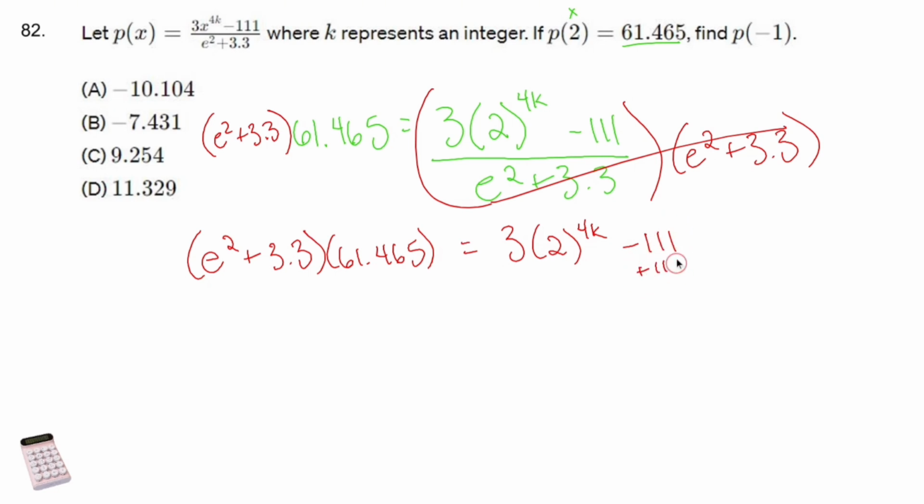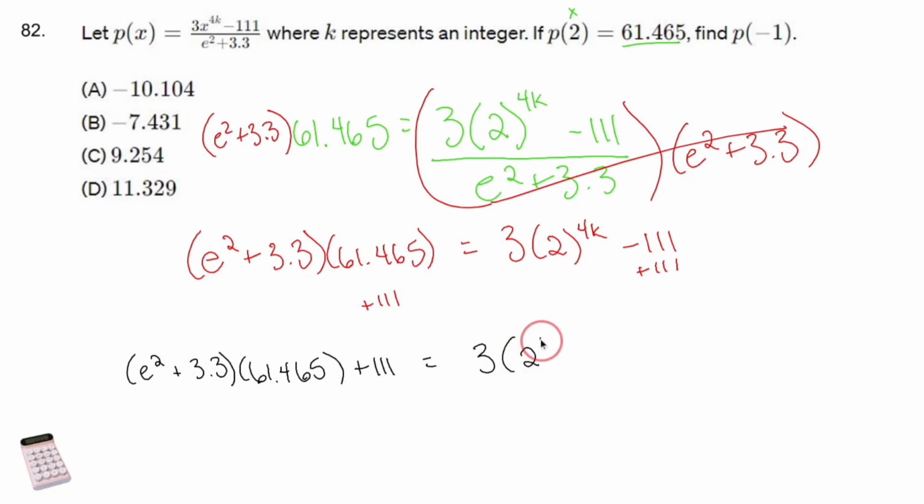Let's add 111 to both sides. So now I have e squared plus 3.3 parentheses 61.465 parentheses plus 111 equals 3 parentheses 2 to the 4k parentheses.